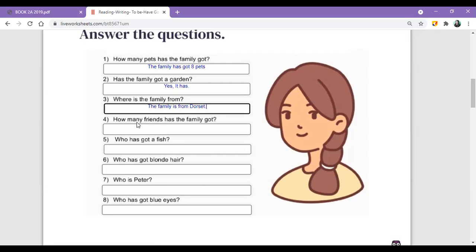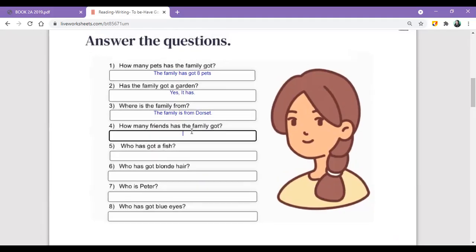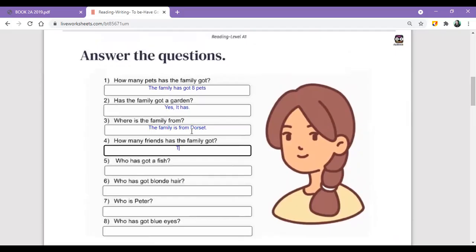Number 4, how many friends has the family got? The family has got 12 friends. Okay.